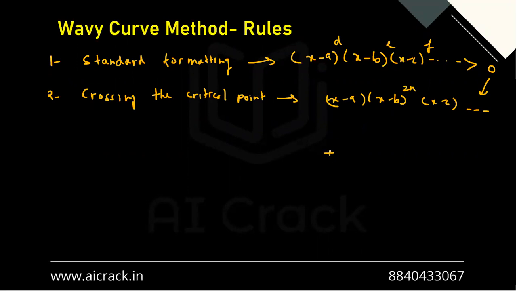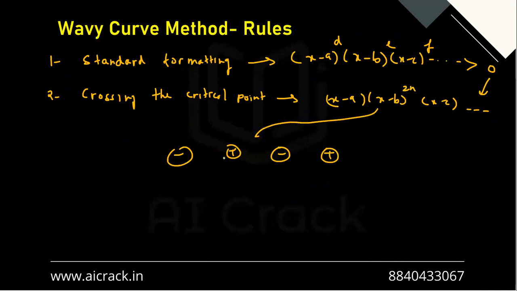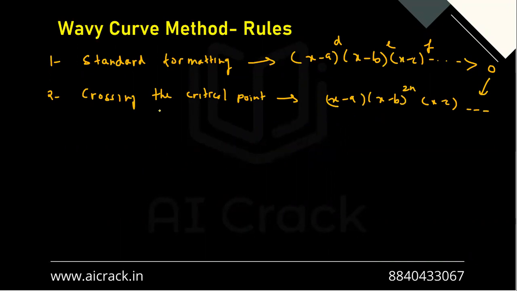What we used to do is plus, minus, but whenever we are crossing this one, we won't be changing the sign. So if this one is over here, we'll not change sign over here, and after that, we'll continue with the alternations, right? So this is the second rule. Similarly, whenever we are crossing an odd power, it keeps on happening the way it was happening earlier in a simple format.